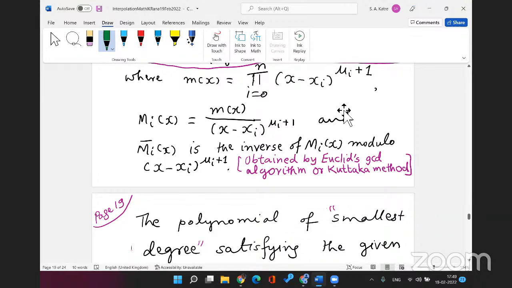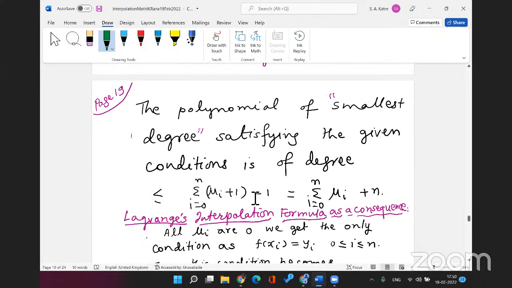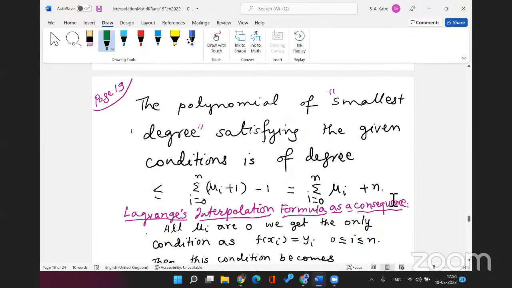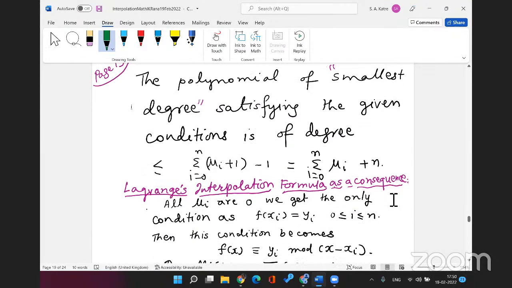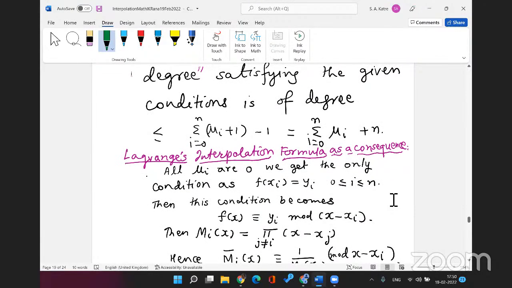That is, n plus 1 times minus 1, so it is summation mu i plus n. That is the smallest degree of a polynomial which satisfies the given conditions, and the solution exists and is unique with this condition.